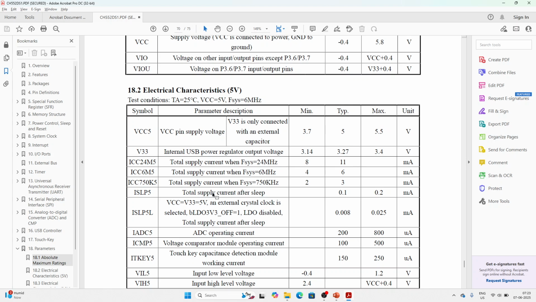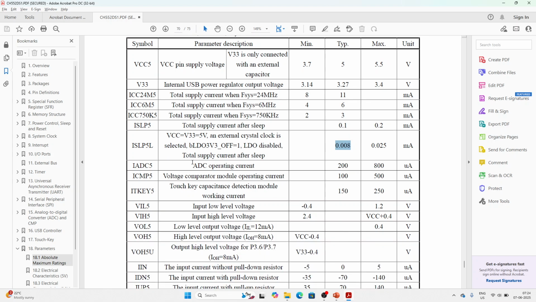If I go with an external crystal clock, then the sleep current is 0.08 milliamps, that is 80 microamps, right? ADC operating current up to 800 microamps, comparator module up to 500 microamps, touch key capacitance up to 250 microamps.